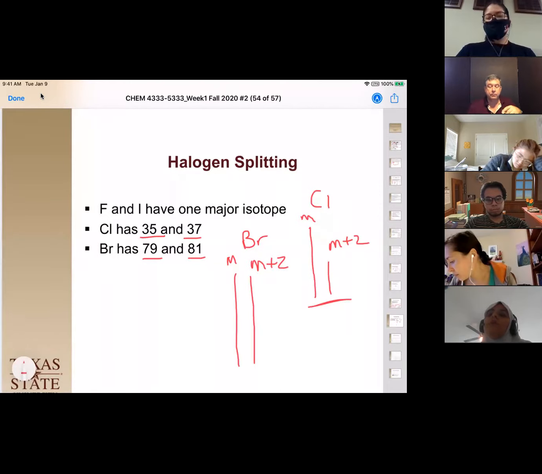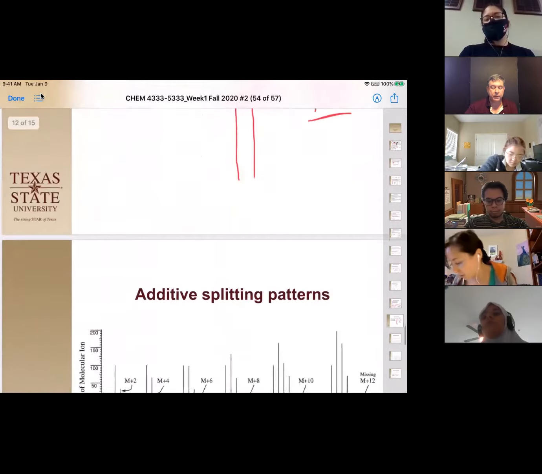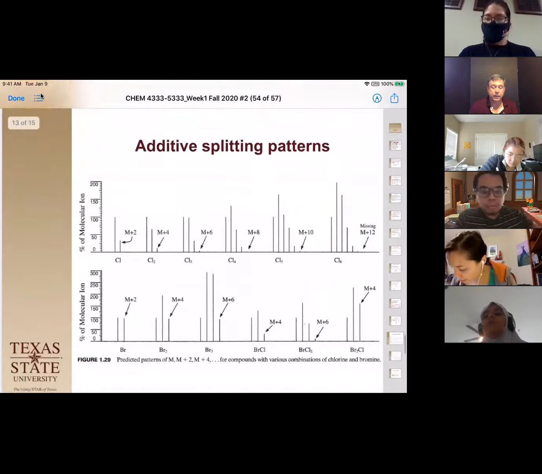So that's if we have 1 of those. Now, if we have 2 of those, the patterns get a little more interesting, because now your M plus 2 is overlapping with your M, and then you have an M plus 4 peak show up here. And the same thing happens with bromine. So the patterns we'll start to recognize with the number of bromines are like this.